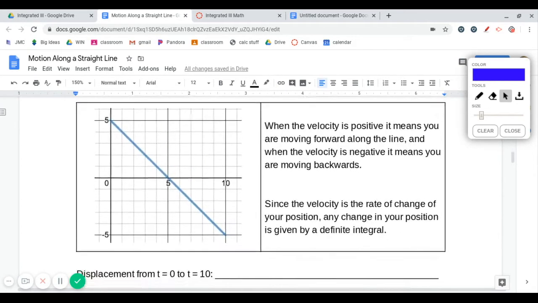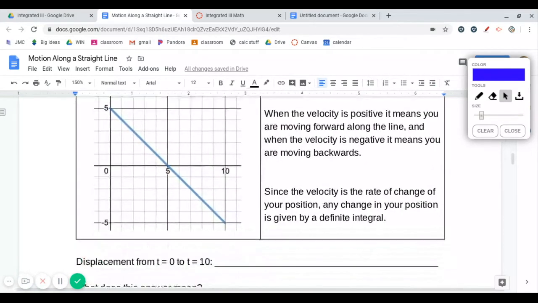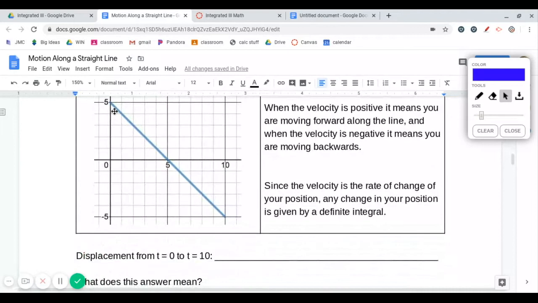This question is, we're looking for our displacement from t equals 0 to t equals 10. So basically, for the first 10 seconds of traveling, how far away are we from home, from our starting point? And you can do this a couple different ways. You might just say, well, these two triangles are clearly symmetric, because the integral measures between the function and the x-axis.